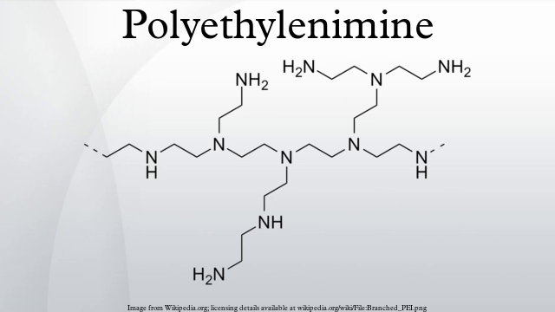PEI is extremely cytotoxic, by two different mechanisms: the disruption of the cell membrane leading to necrotic cell death, and disruption of the mitochondrial membrane after internalization leading to apoptosis. CO2 capture: both linear and branched polyethylenimine have been used for CO2 capture, frequently impregnated over porous materials.